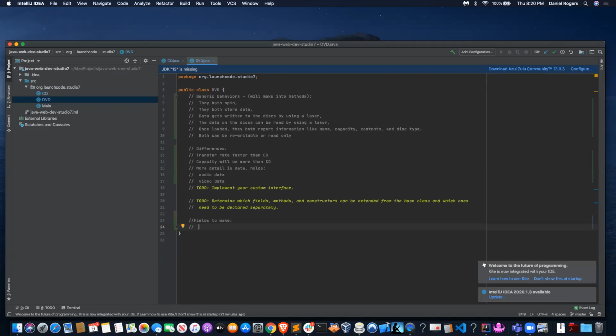Transfer rate could be one. Capacity. Data type held, maybe.